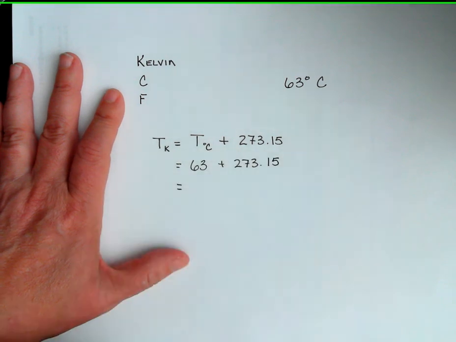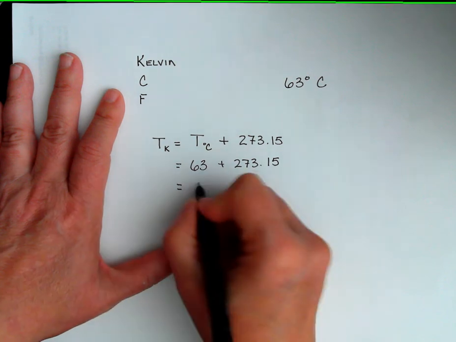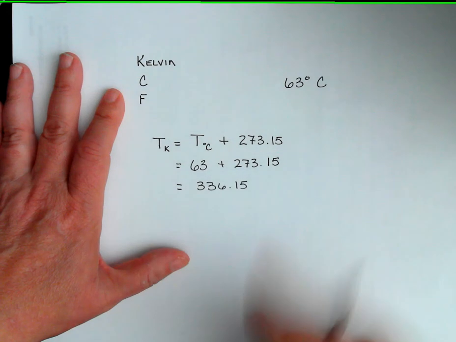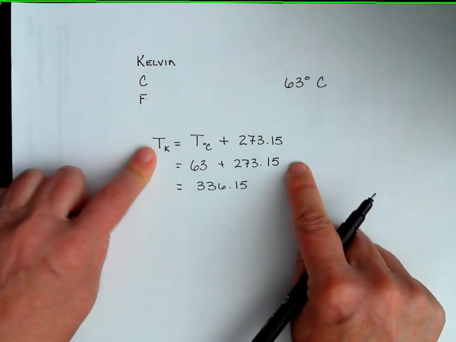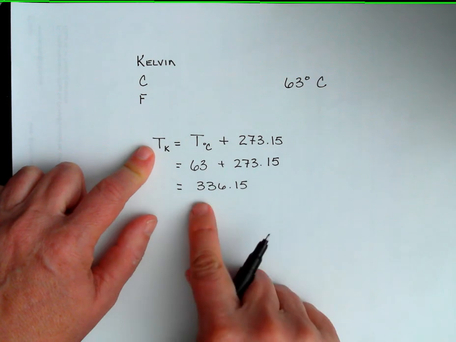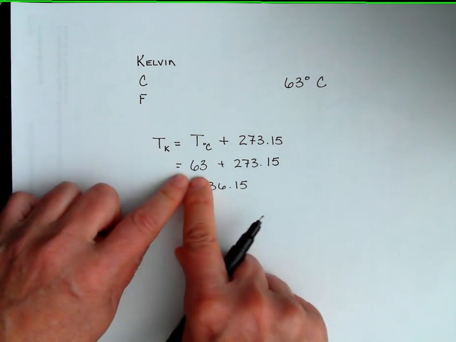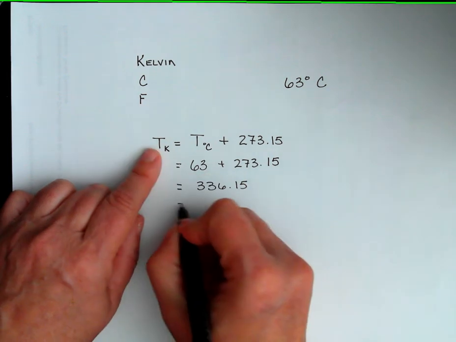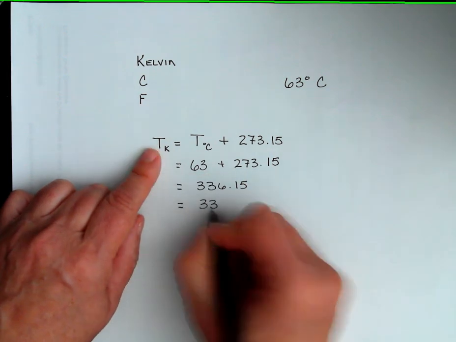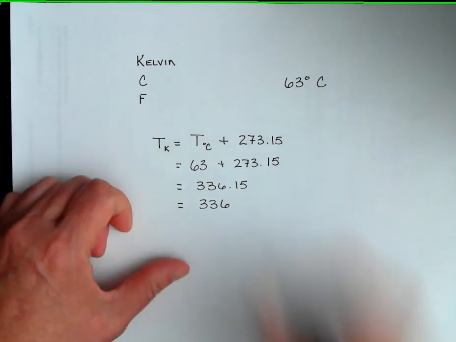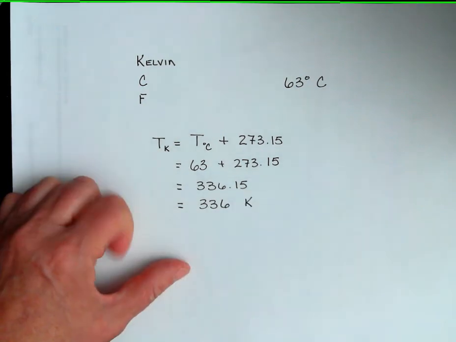If I do that in the calculator, this is going to give me 336.15. And with Kelvin, we typically don't have a degree symbol here, so that's why we lose that. But my original one is done to the ones place in my number, so I'm going to put in my answer 336 Kelvin. And I want to show my units.